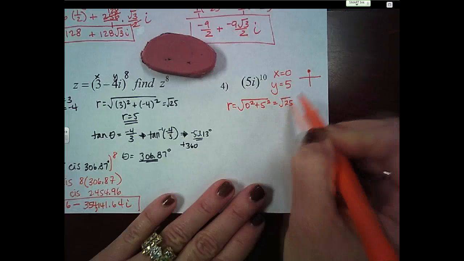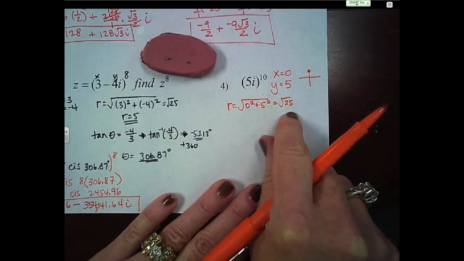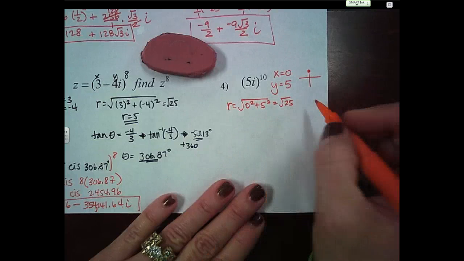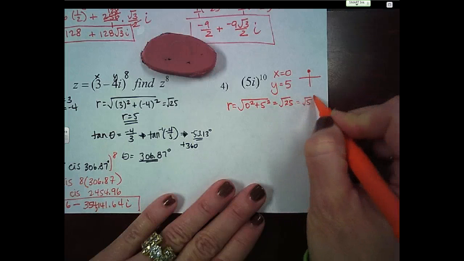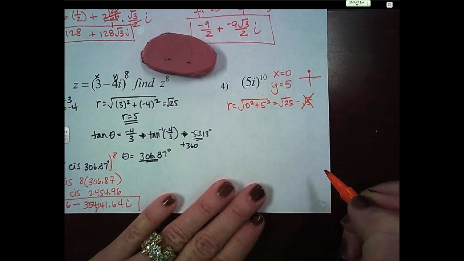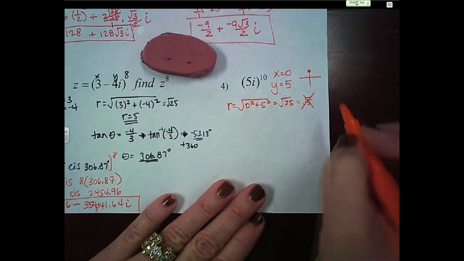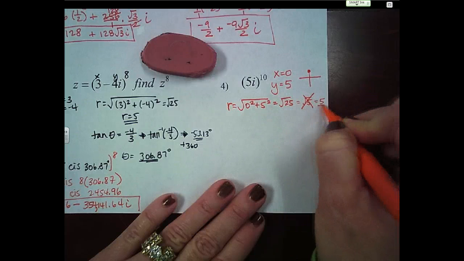Some of you, for some reason, on the last quiz, left it as the square root of 25, or when you took the square root, you left it as the square root of 5. That's not right. The square root of 25 is just plain old 5. So r is 5.